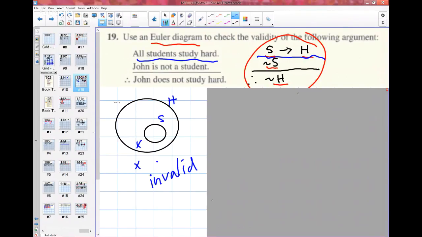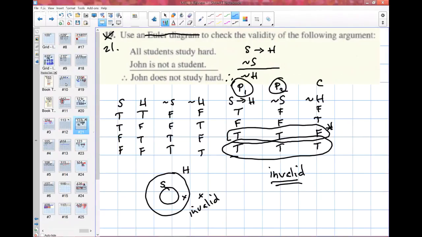Another test question. Okay, 22. Oh, we're going to have to put that one in. All right, let's find it. 22. Oh, check the validity.